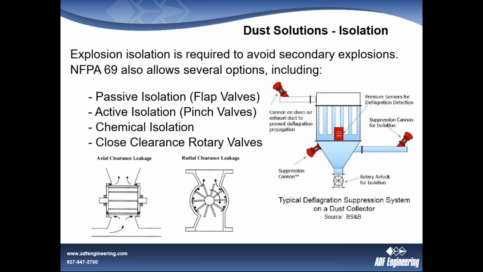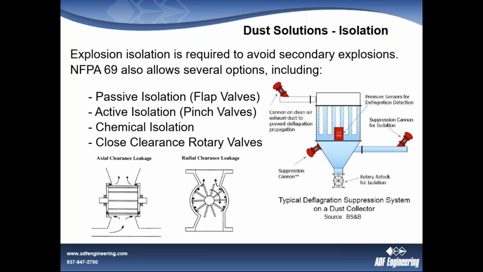Isolation is something that generally comes up at every DHA because this is what historically has been the most neglected part of this. The most common isolation device is actually just a rotary valve, but NFPA calls out a particular type of rotary valve. It has to have 6 or 8 vanes or more.